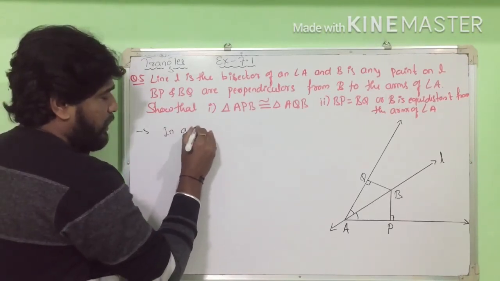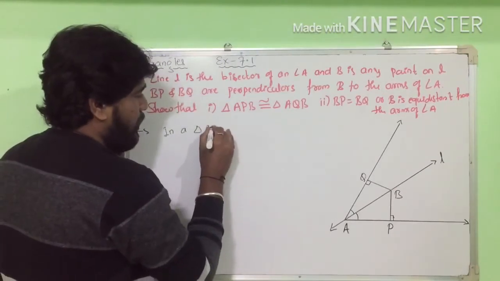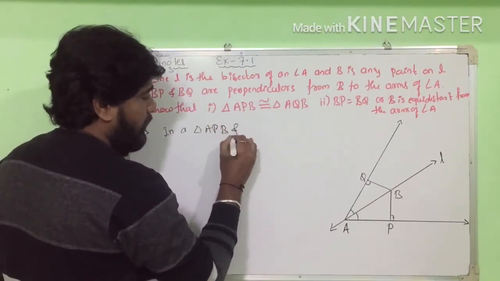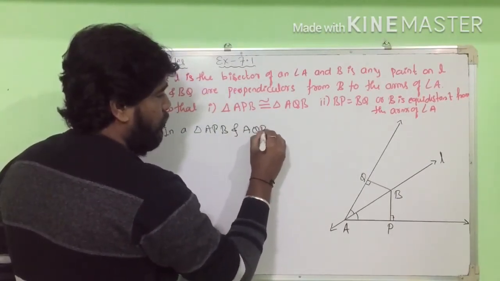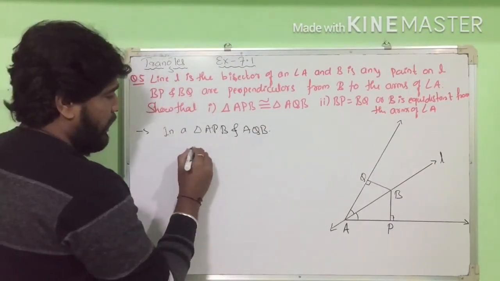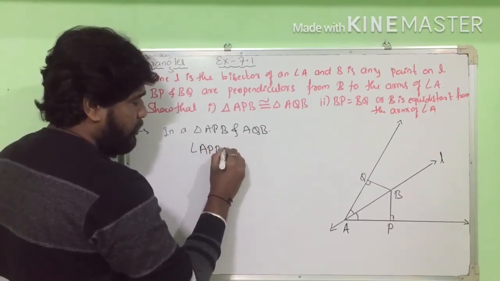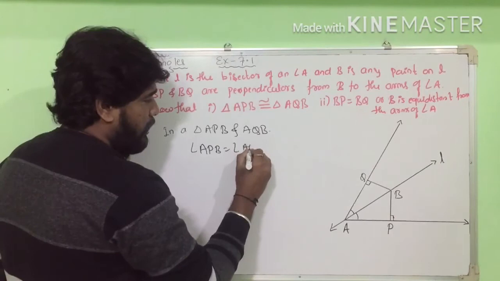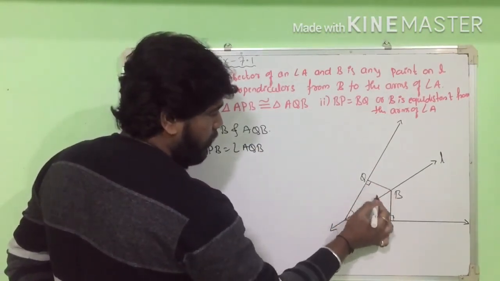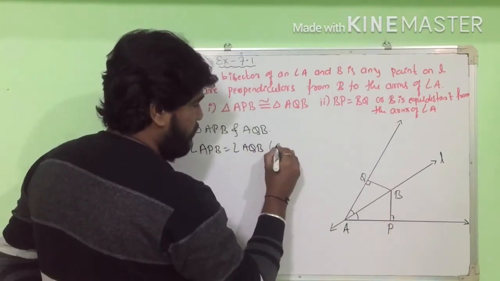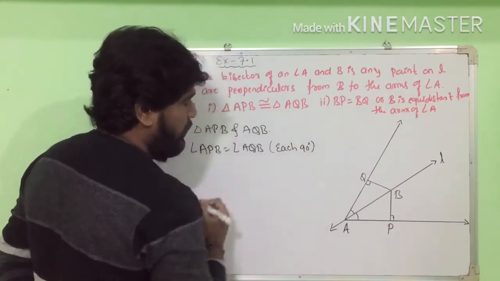Consider triangle APB and another triangle AQB. In these two triangles, angle APB is equal to angle AQB because these two are each 90 degrees, right?